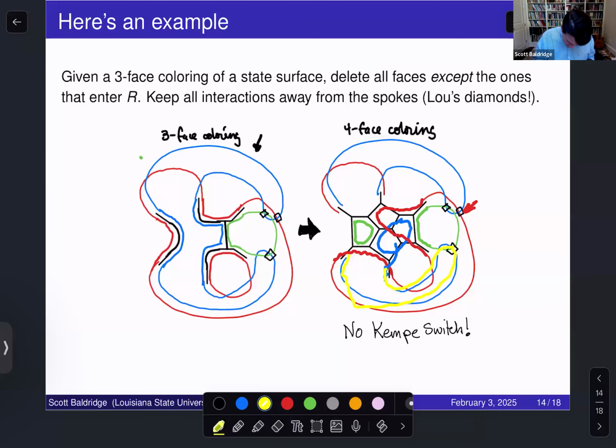And when I switched to yellow, I had a blue, the blue had to go here. When I switched to yellow, well, as long as the red and the blue don't interact, ta-da.